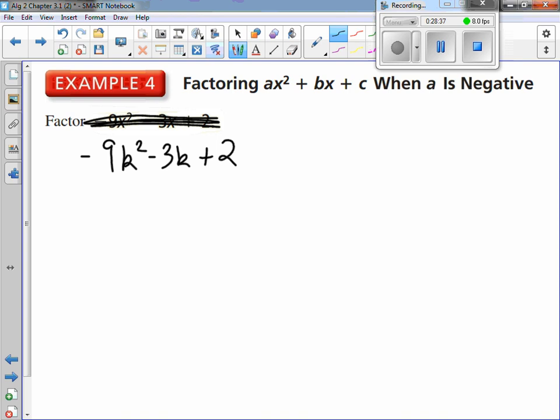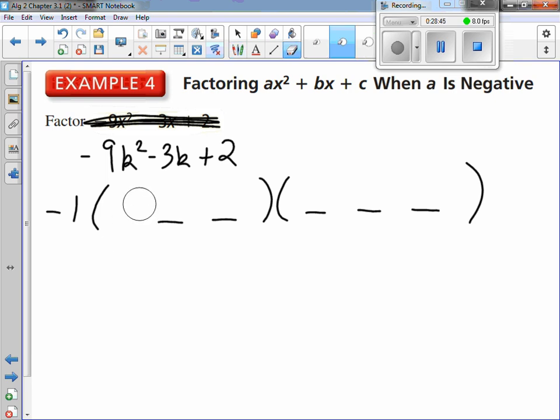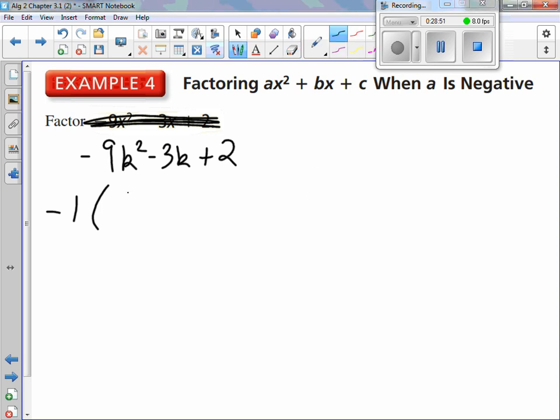We need to factor out the negative 1. Oh, hold up. Not that yet. Got ahead of myself. Because we factor out the negative 1, which gives us 9k squared. The negative 3 becomes positive 3. The 2 becomes negative.